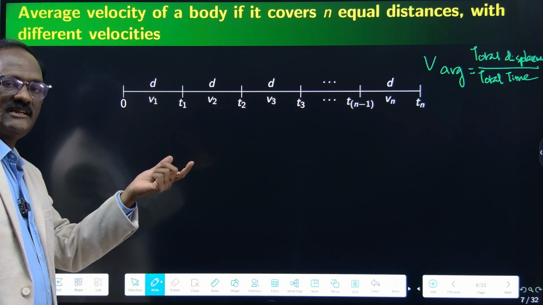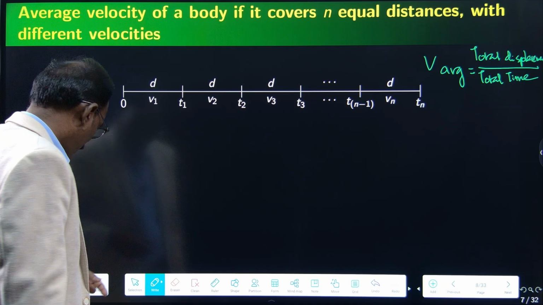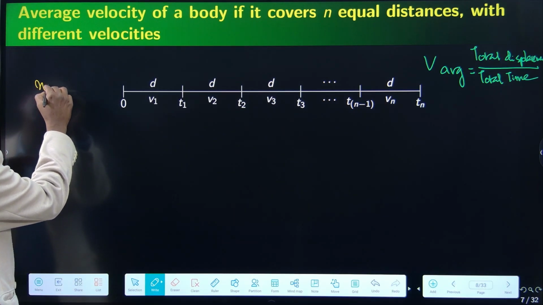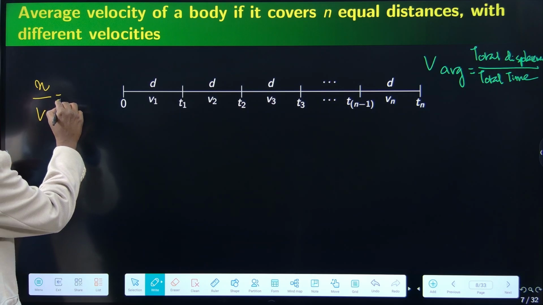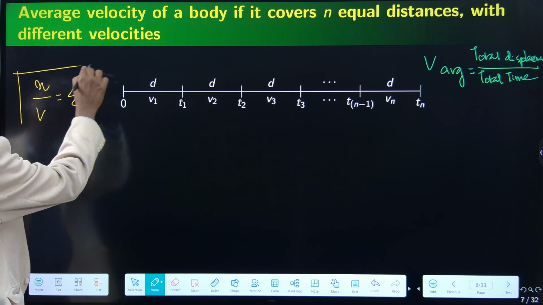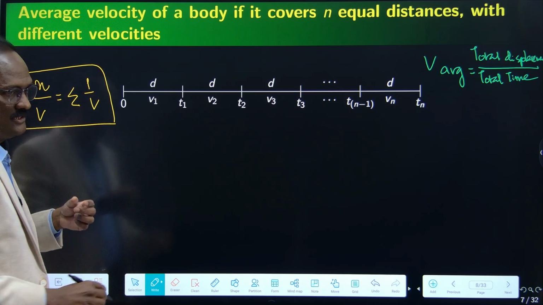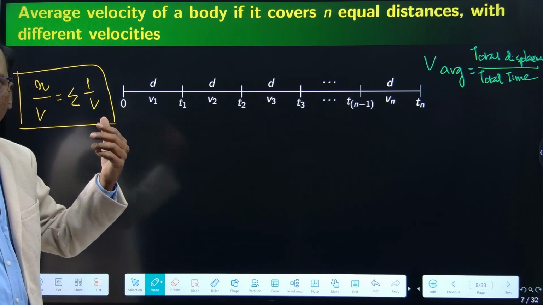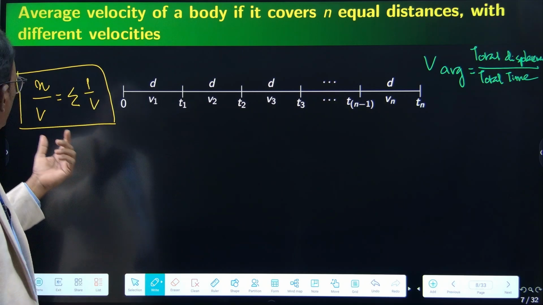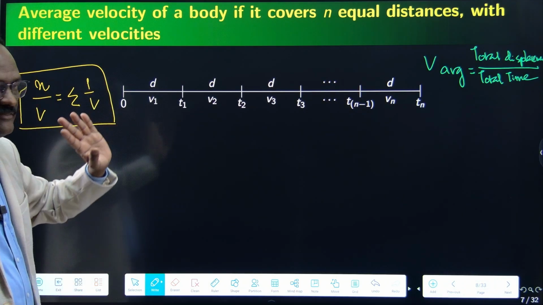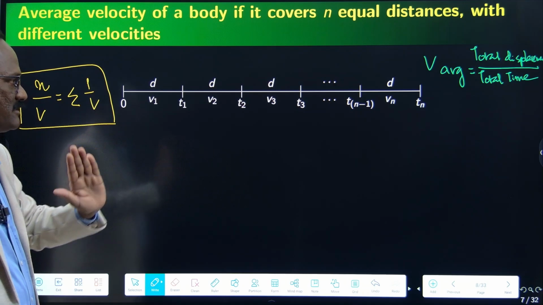That formula I will write first. It is easy to remember. N by V is equal to sum of 1 by V. You can remember this formula rhymingly. N by V is equal to sigma 1 by V. N by V is equal to sum of 1 by V. So this is the formula we are going to arrive at in the last step, right?